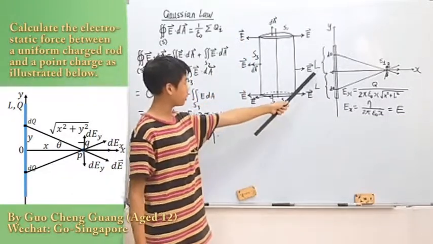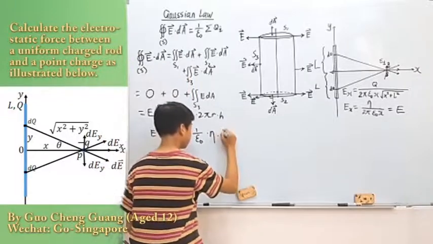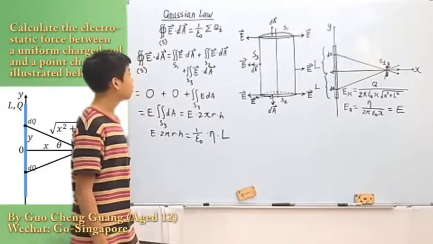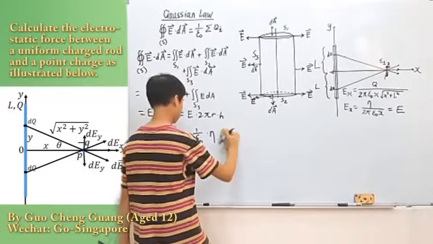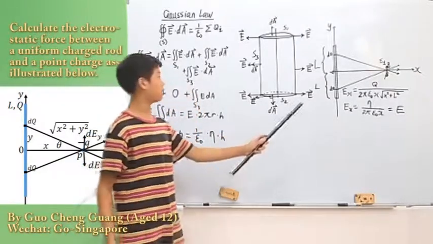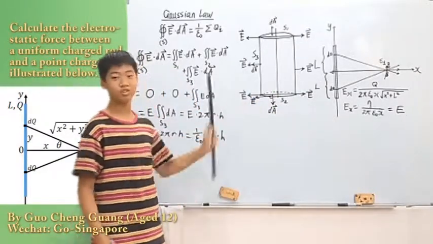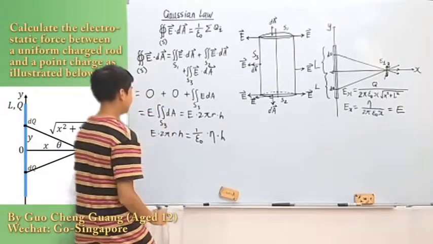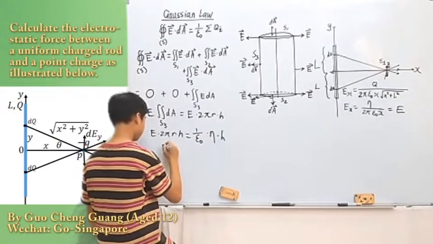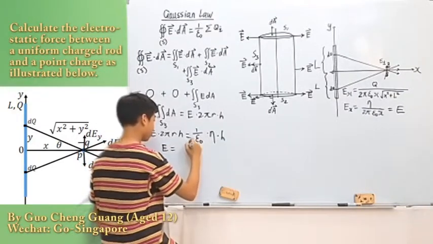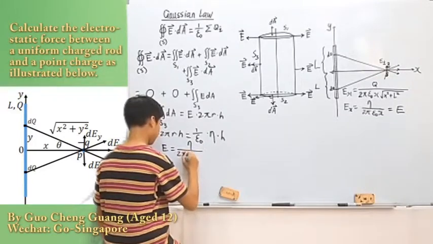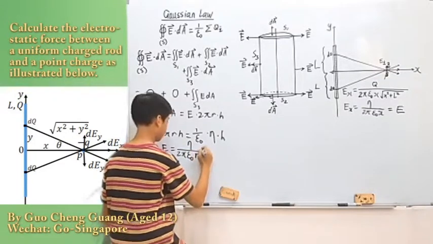The total length here we use is L, but in this example we have used H. So H, both sides will cancel out. Then E will be eta over 2 pi epsilon naught r.